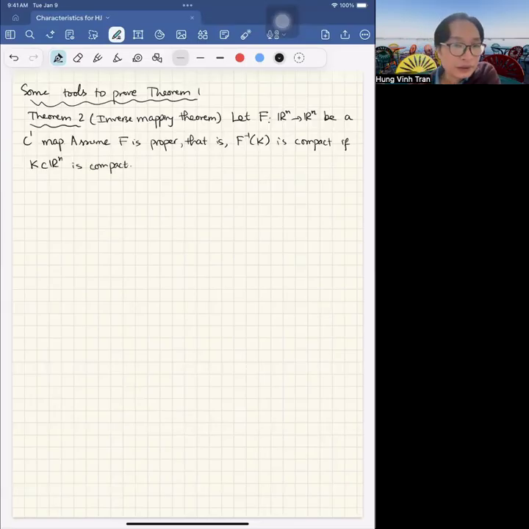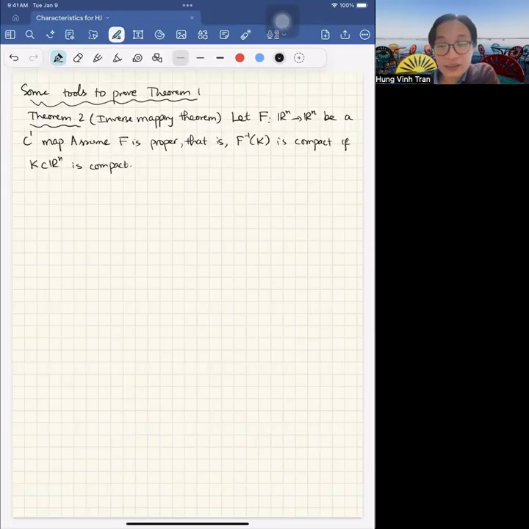Okay. So you might wonder what this assumption is, right? Because if F is C1, then that means that F is continuous. And K is a compact set, which means that K in this case is closed and bounded, right? Because it's in Rn. So K is closed and F inverse of K is closed, right?